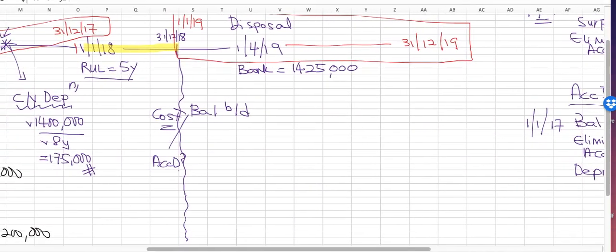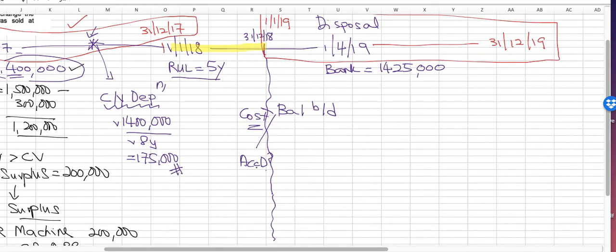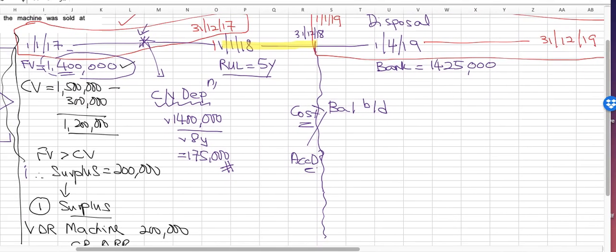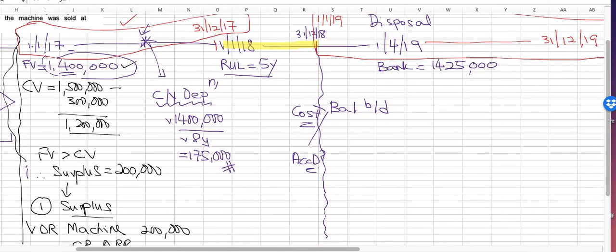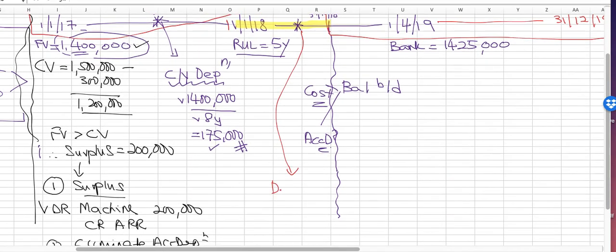Get that? Next. What is the accumulated depreciation? So you have to look here. Since you revalue, you have depreciated in 2017. Now you have to calculate the depreciation in 2018.